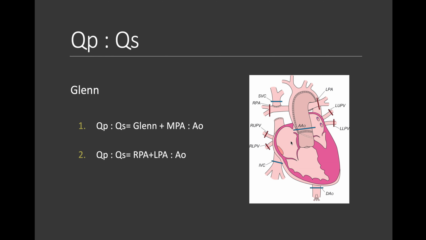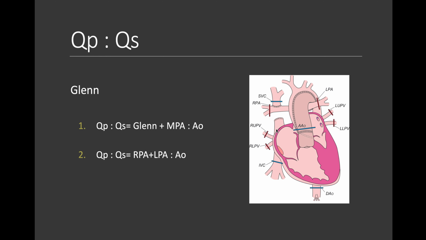Blood coming back from the lung would represent the QP, or the pulmonary flow, if we are sure that there are no collaterals. But if there are collaterals, then we could measure the amount of collaterals by subtracting the total blood coming in the pulmonary veins minus the blood that went in the RPA and LPA.